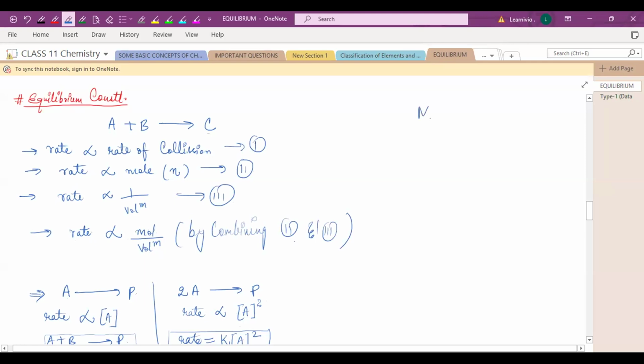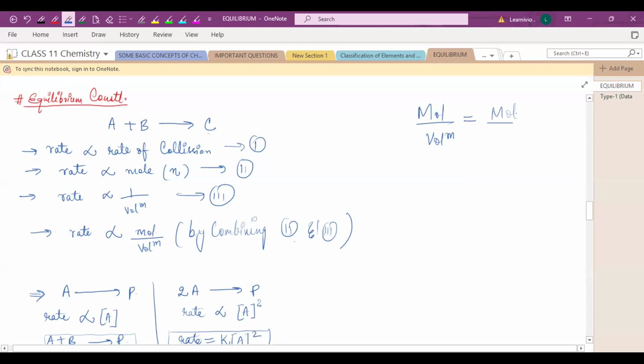Now, who will tell me which concentration term is equal to mole upon volume? Whose formula is it? The number of moles per unit volume. Molarity? Yes, very good. It's molarity.